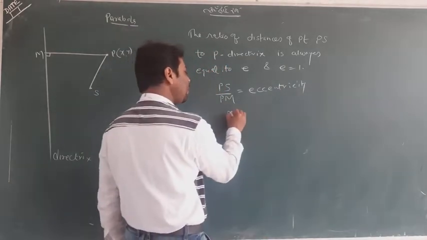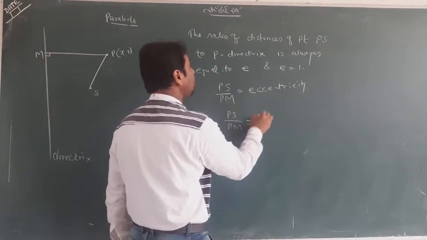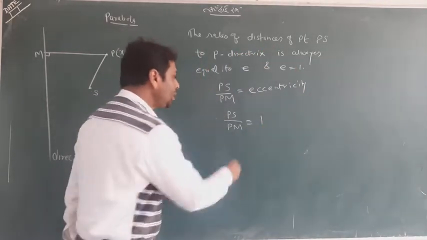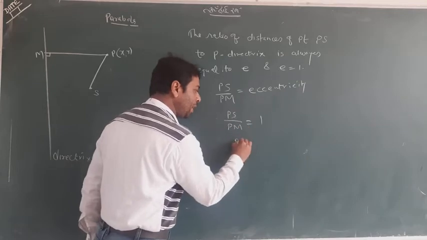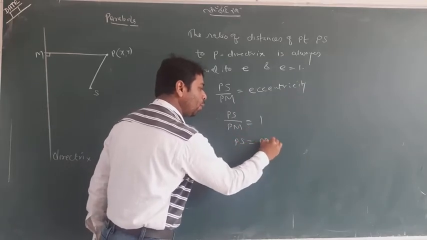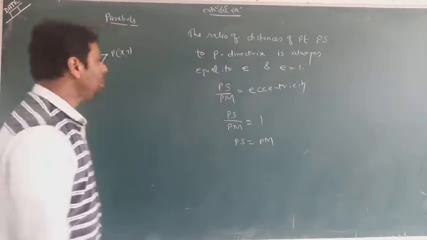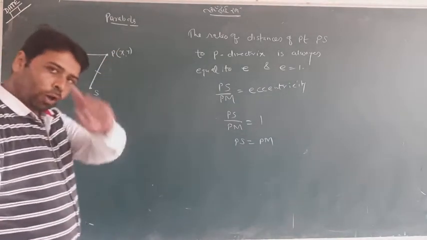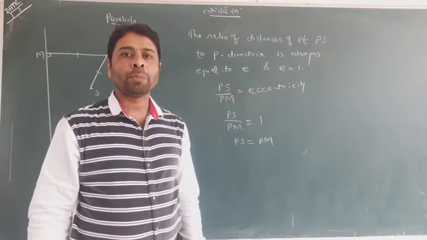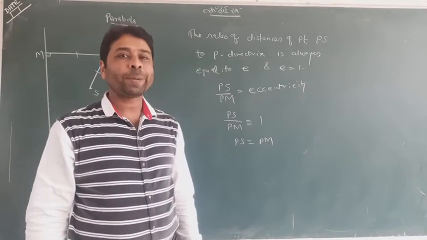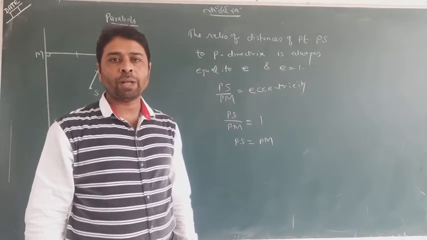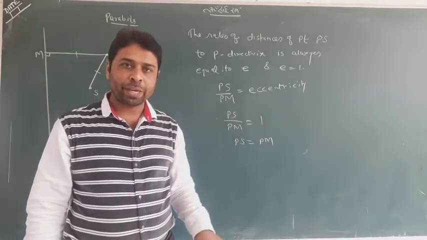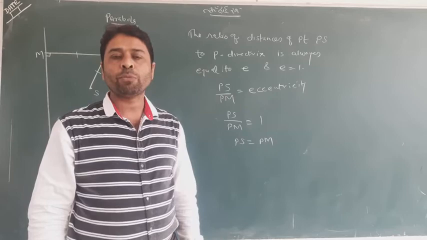And in the case of a parabola, E is always 1. Meaning that the ratio of PS and PM is 1, or PS equals PM. In the sense that when PS equals PM in all the movements of P, the obtained figure will be a parabola. When we trace the path of the point P, we will get the parabolic figure.